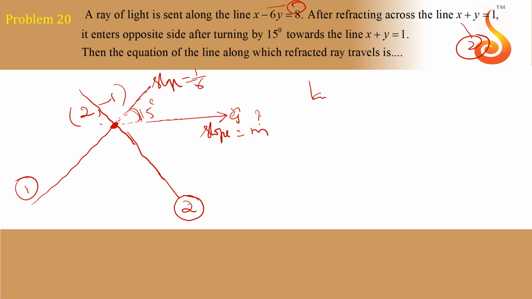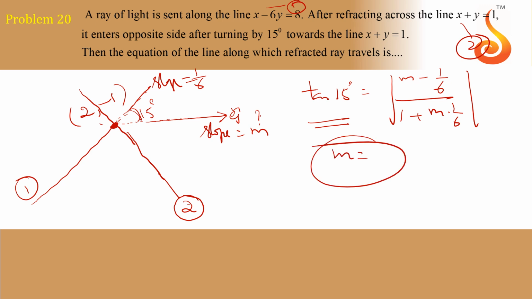So can I use the tan 15 formula to calculate: m minus 1 by 6 over 1 plus m into 1 by 6. So tan 15 value, you know, is 2 minus root 3. Get the value of m. After getting m, use this point 2 comma minus 1 and this slope to get the equation of the refracted ray. That's all.